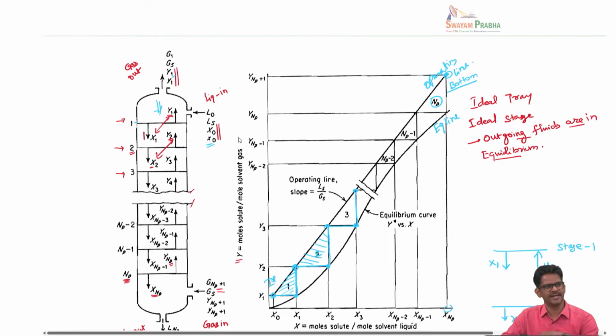That is, I can calculate the number of ideal stages from an analytical expression, if three conditions hold: dilute mixtures, the equilibrium line is a straight line and the operating line is a straight line. So in that case I can use the analytical solution. That's what I'm going to demonstrate now.